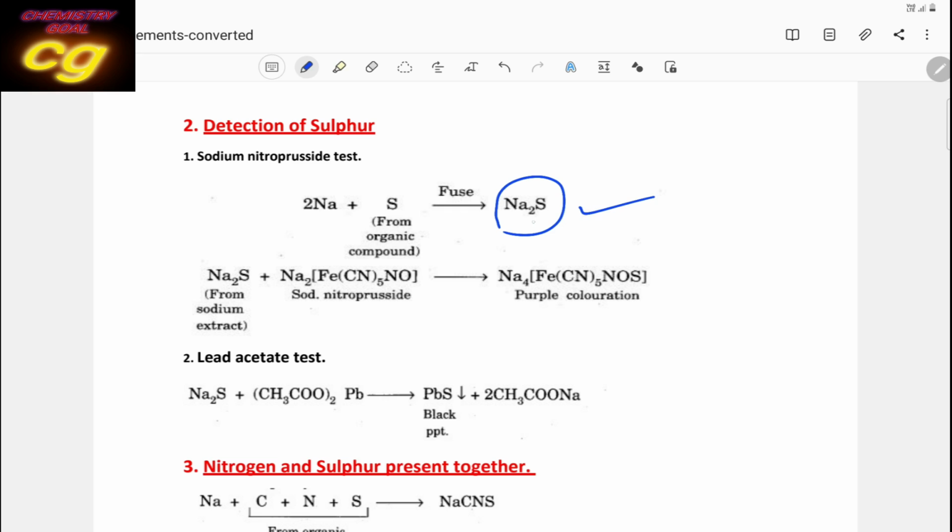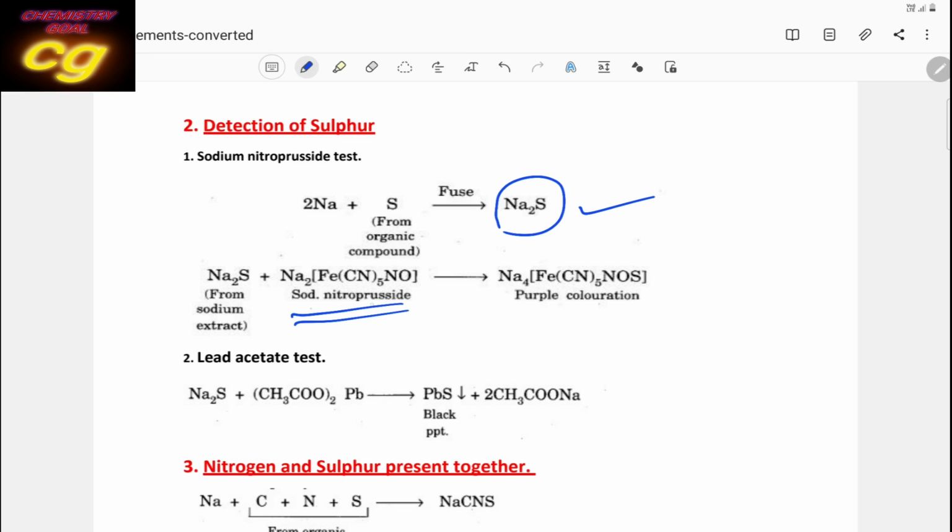Then this sodium sulfide reacts with the reagent called sodium nitroprusside, Na2[Fe(CN)5NO]. This is an ionic compound but complex in nature.